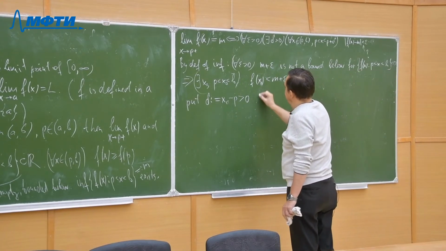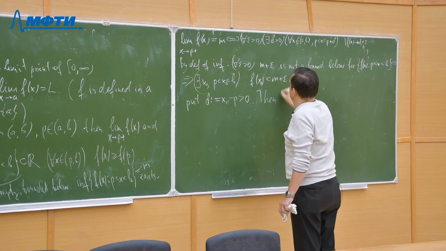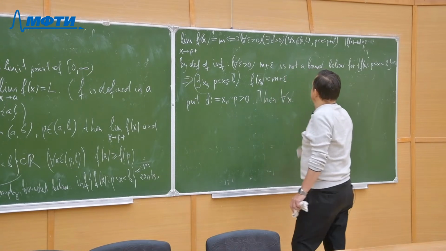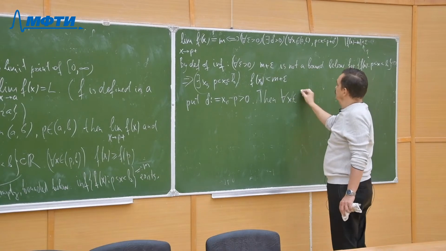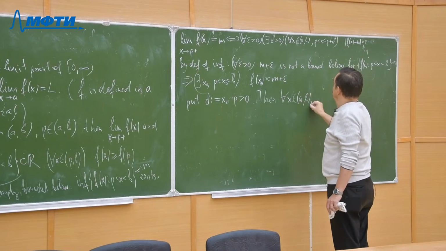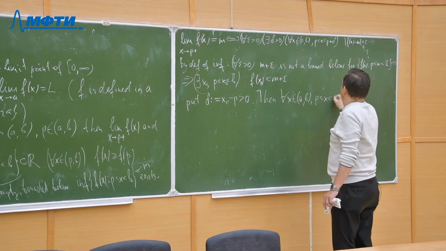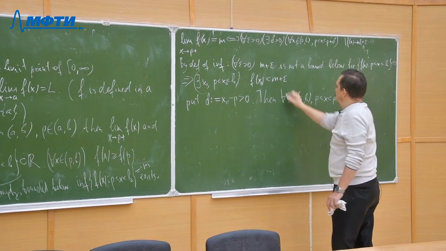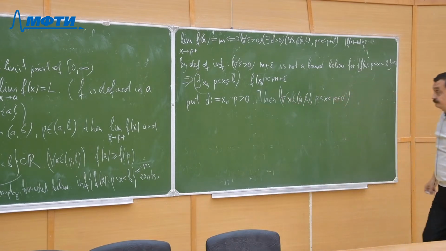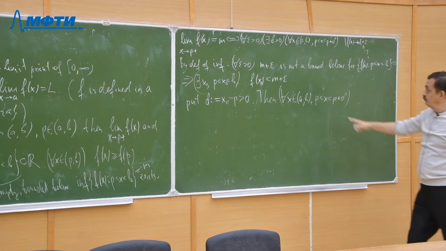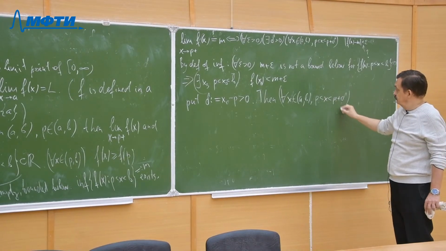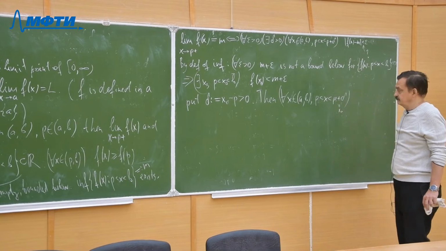Then for all x from the interval (a, b) which satisfy this inequality, p plus delta is precisely x naught.